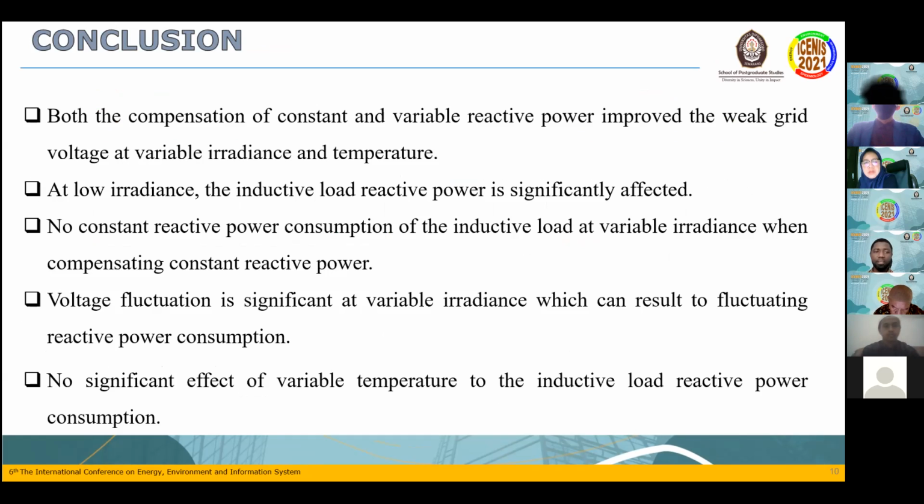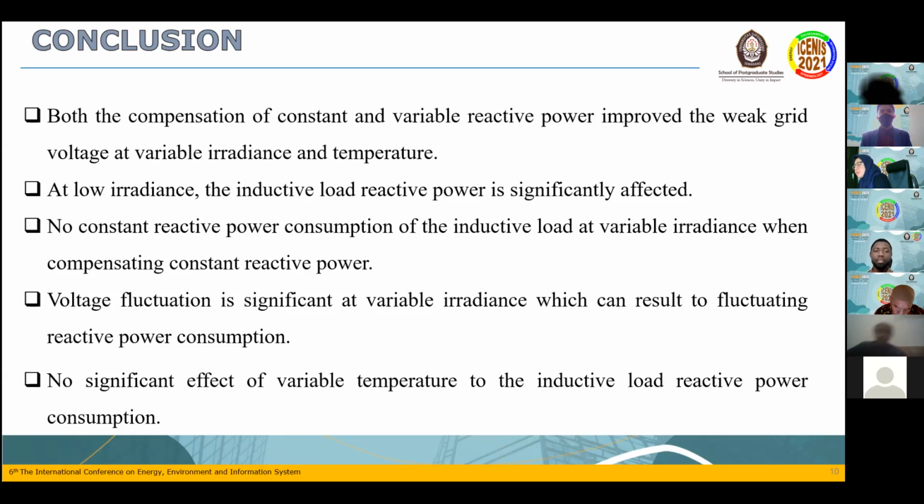Second, when the irradiance is low, the PV inverter is not producing a constant reactive power absorbed by the inductive load. The inductive load reactive power is what we injected from the PV.